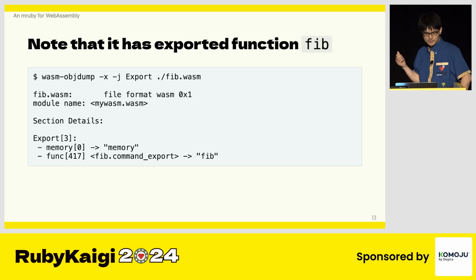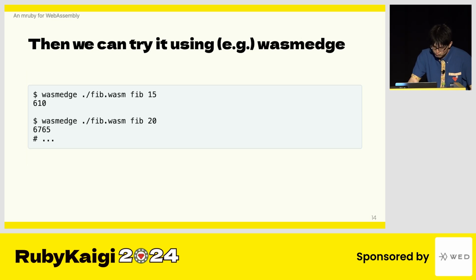This WASM file is exporting the function named fib, and you can check it with the wasm-objdump command. Then you can run this using some runtimes, for example, WasmEdge, and so on. This calculated Fibonacci number may be correct, right?